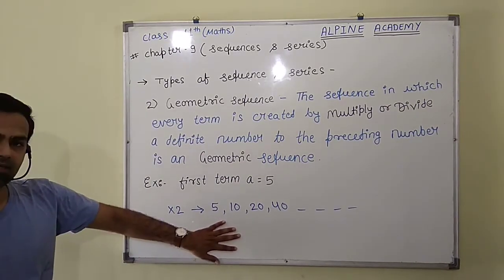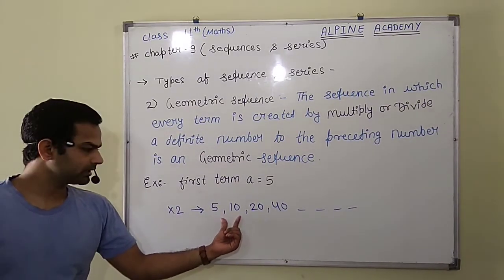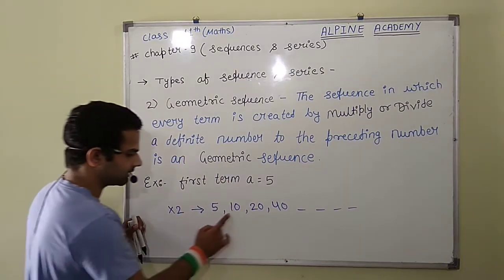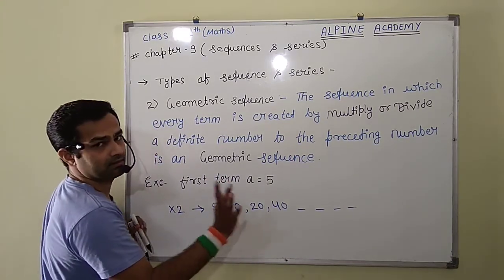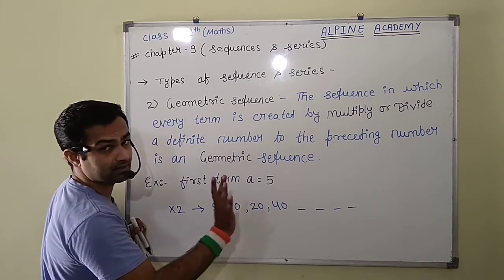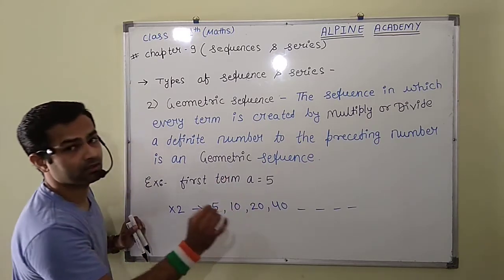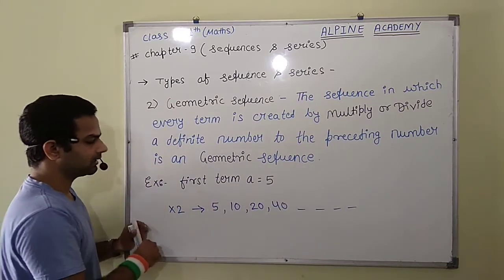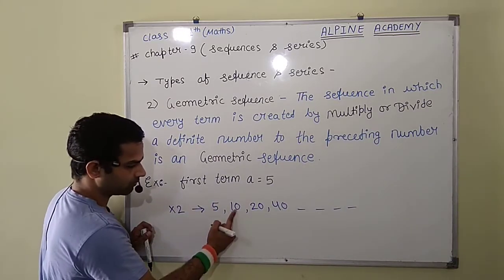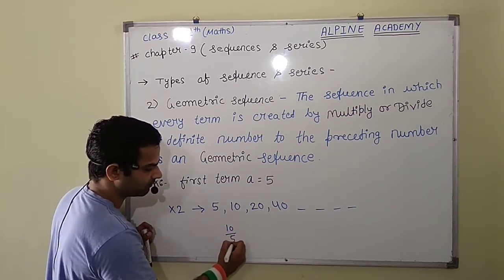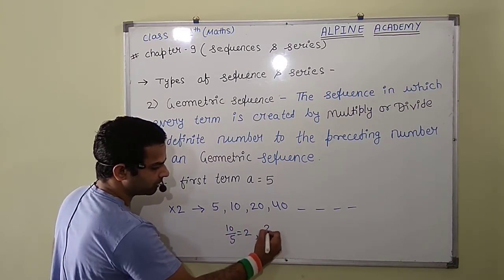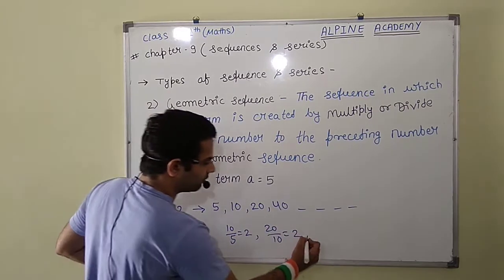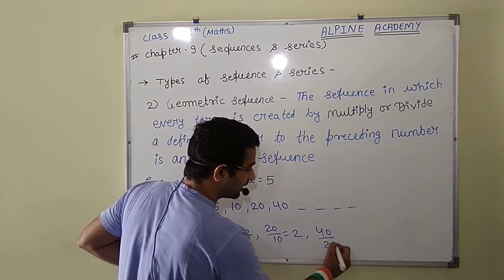So here you can see that in two consecutive terms, the difference is not constant. Like 10 minus 5 gives you 5, 20 minus 10 gives you 10, and 40 minus 20 gives you 20. So here the difference is not constant, but the ratio of two terms, 10 by 5 gives you 2, 20 by 10 gives you again 2, and 40 by 20 gives you again 2.